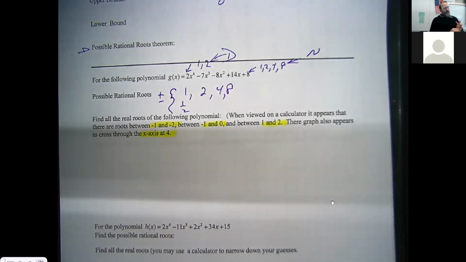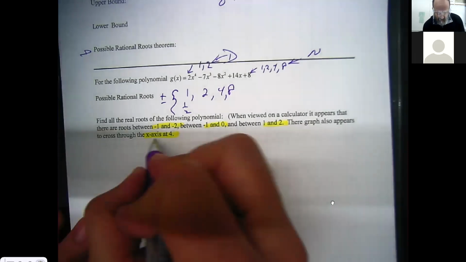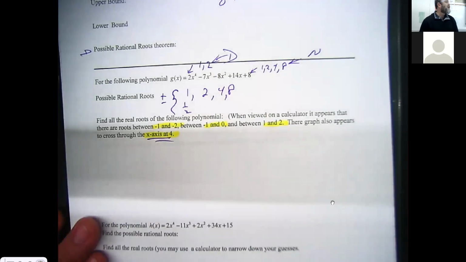What I will do usually for you is allow you a graphing calculator to take a look at it to cheat. Now, did Descartes have a graphing calculator? No, but he didn't take 8 classes at a time and all that kind of stuff. We need to go a little quicker, so we need to cheat just a little bit, have a little bit of extra help. So what we're going to do is, if it hits the x-axis at 4, can you guys tell me what the factor is that goes with that?